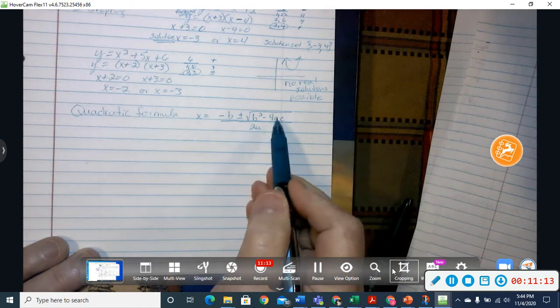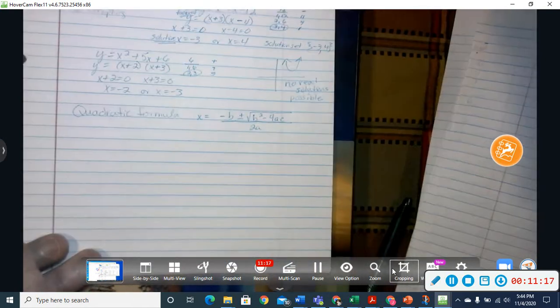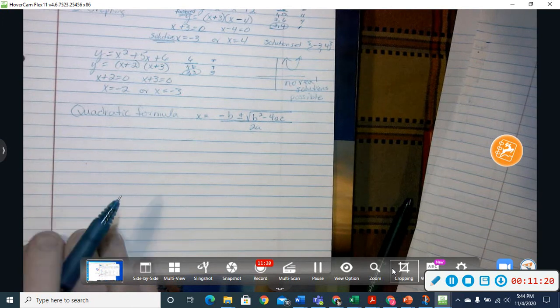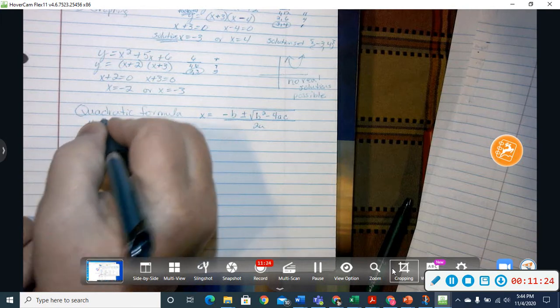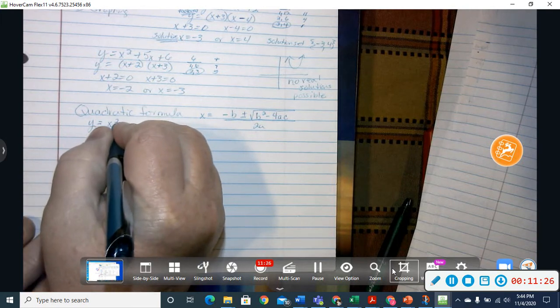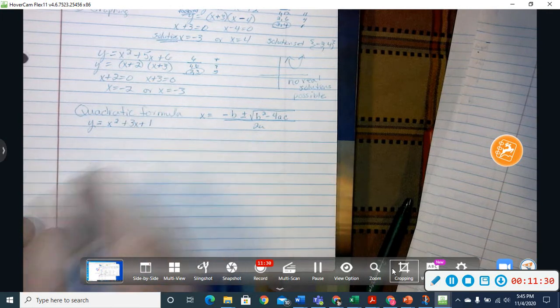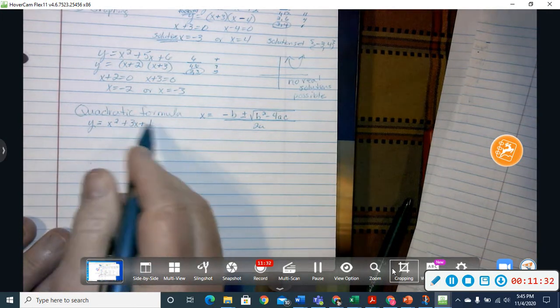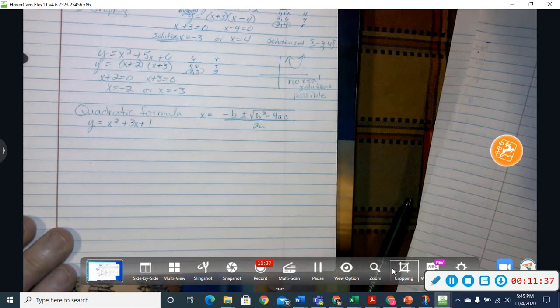And again, the a, the b, the c are all the coefficient values in your quadratic equation. So if we had an example problem, y equals x squared plus 3x plus 1, we would use the coefficients to plug into that problem.